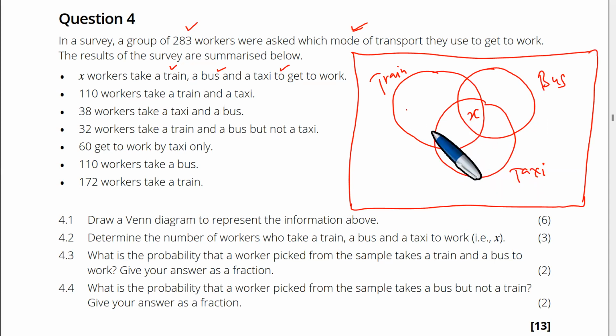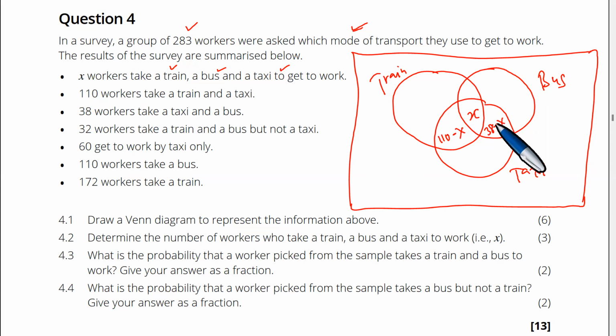If they are train and taxi, they are here, but this one is already X. So if everything here must be 110, you must then say 110 minus X. 38 workers take a taxi and a bus. Taxi and bus, they are a total of 38, which means this one is already X. This one is going to be 38 minus X.